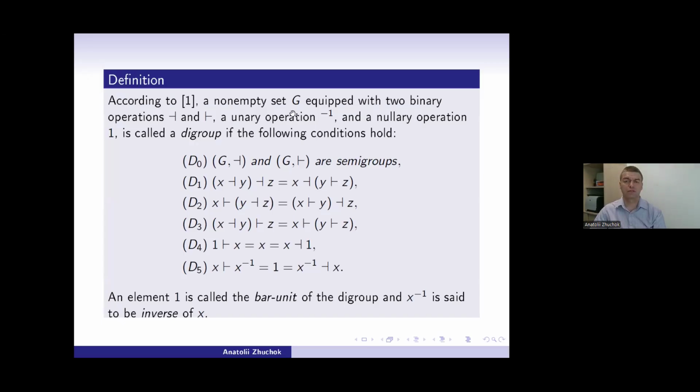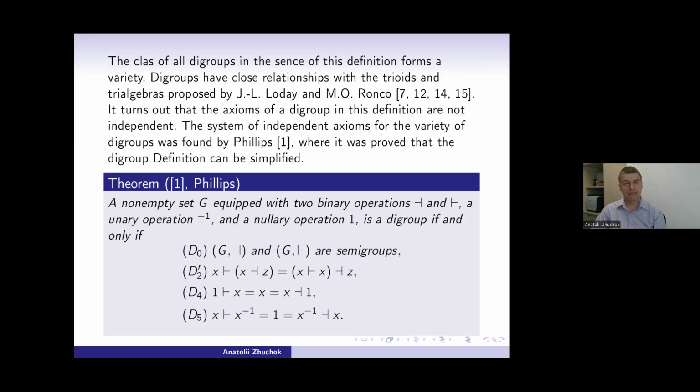So we have a set with two binary operations, a unary operation, and a nullary operation, and this condition should hold. Element e is called the bar unit, element 1 is called the bar unit, and x^-1 is said to be the inverse of x. And this class of D-groups forms a variety.